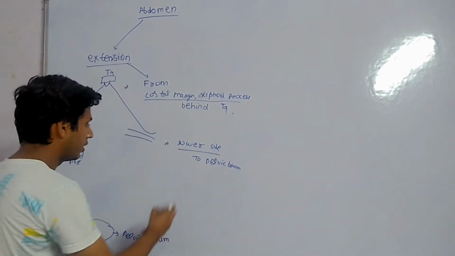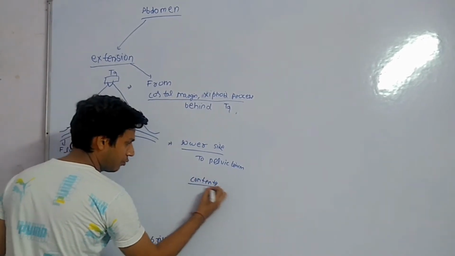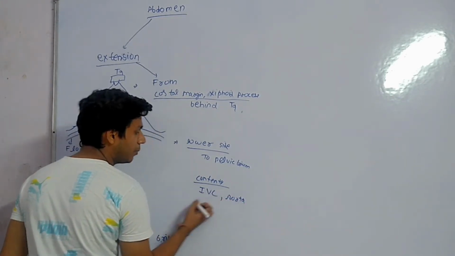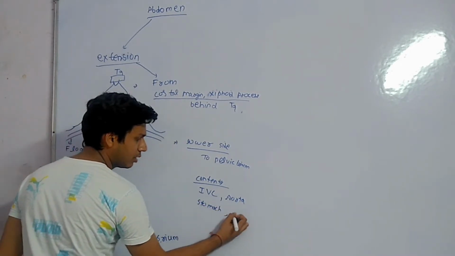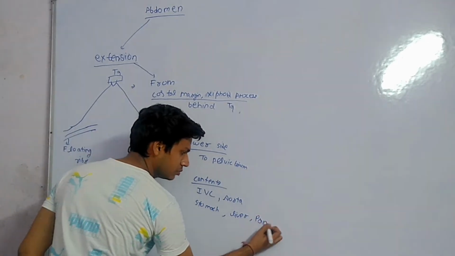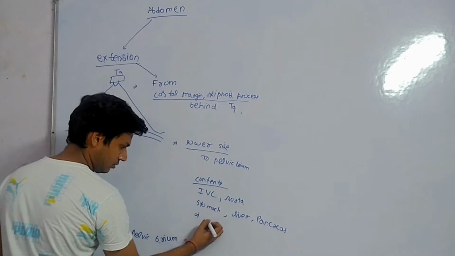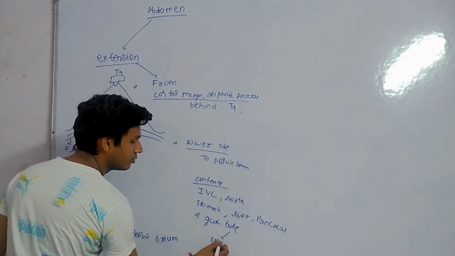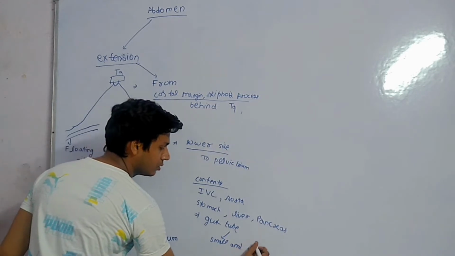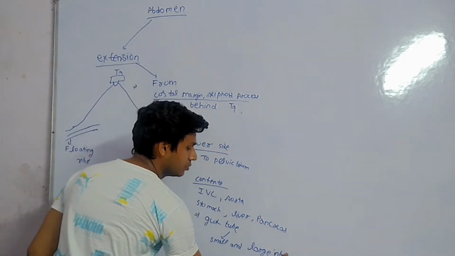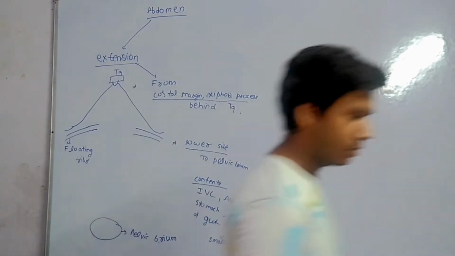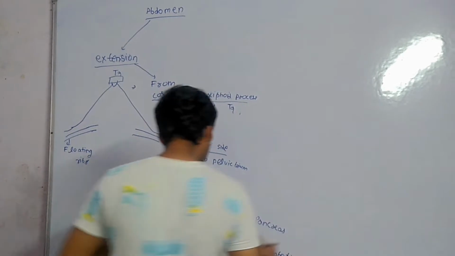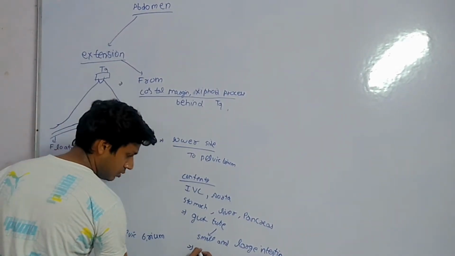What does it contain? Vessels, aorta, inferior vena cava, IVC, abdominal organs, stomach, liver, pancreas, gut tube containing small and large intestine, nervous plexus. बहुत सारे होते हैं.